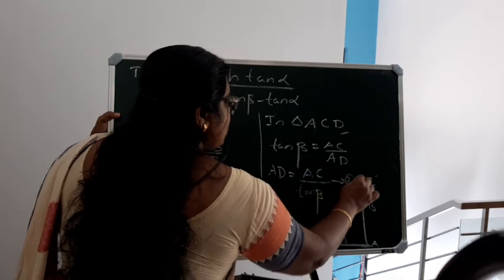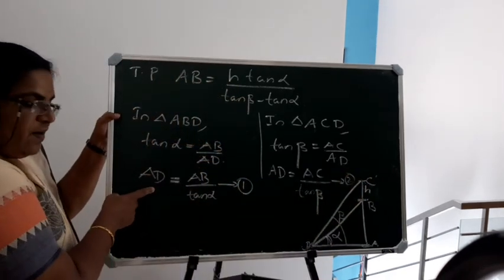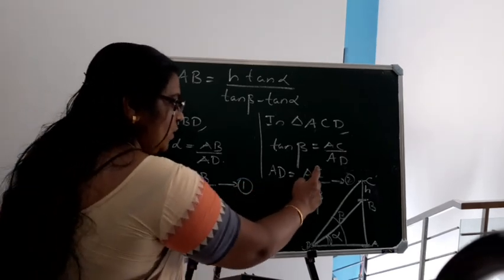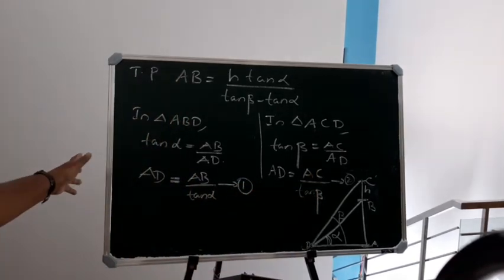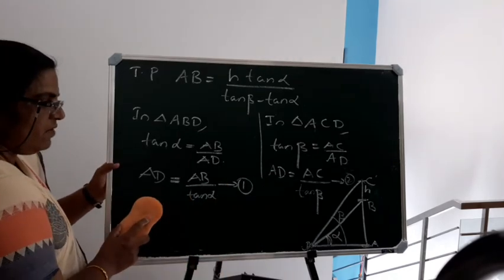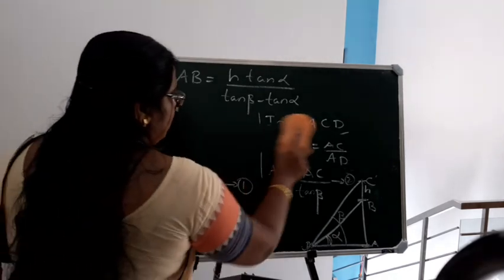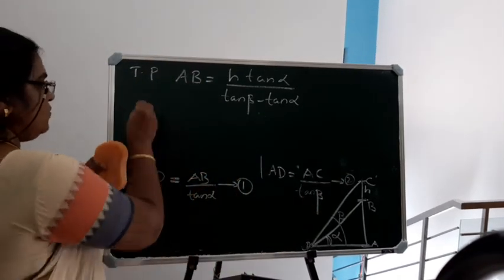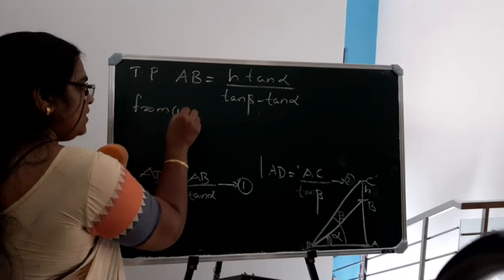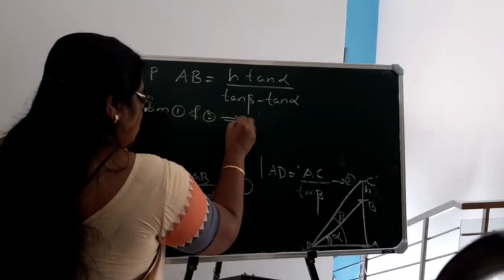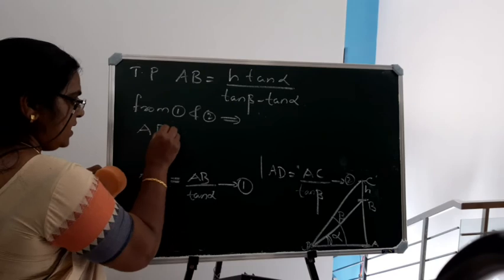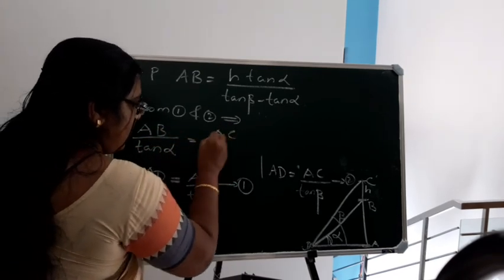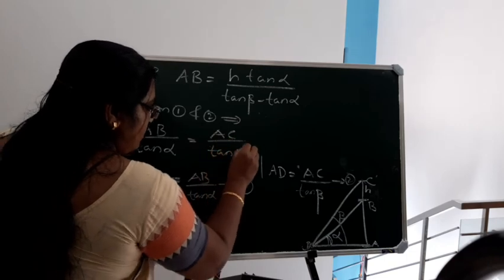This is equation number 2. Equation 1: AD equal to AB by tan alpha. Equation 2: AD equal to AC by tan beta. Both left sides are equal, therefore the right sides are also equal. So from 1 and 2, AB by tan alpha is equal to AC divided by tan beta.